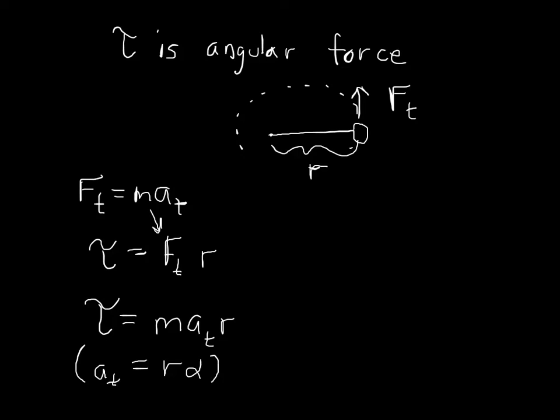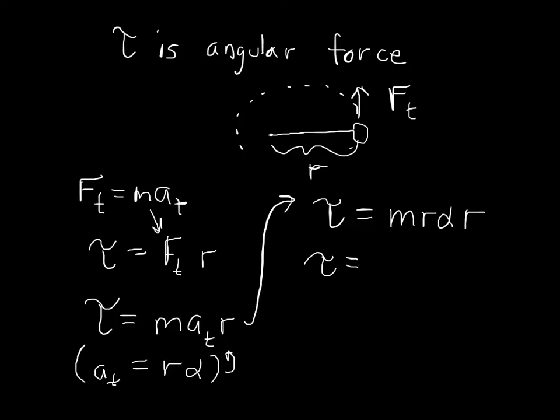So now I can plug this in, and I will find that the torque is equal to m times r alpha, where I'm plugging in for the tangent acceleration, times r. So now I find that torque is equal to m, I'm going to combine my r's to get r squared, times alpha.